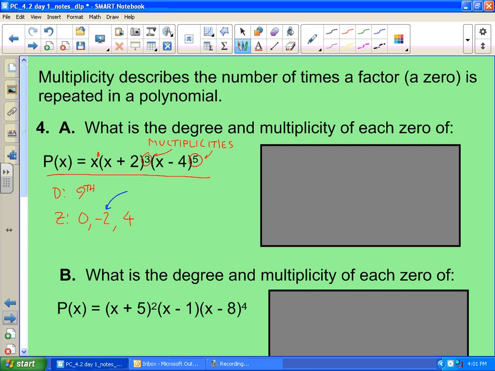Negative 2 has a multiplicity of 3. It has a power of 3. 4 has a multiplicity of 5. Power of 5.